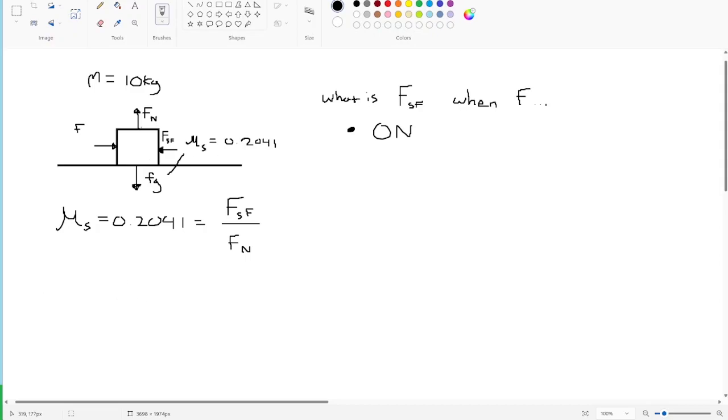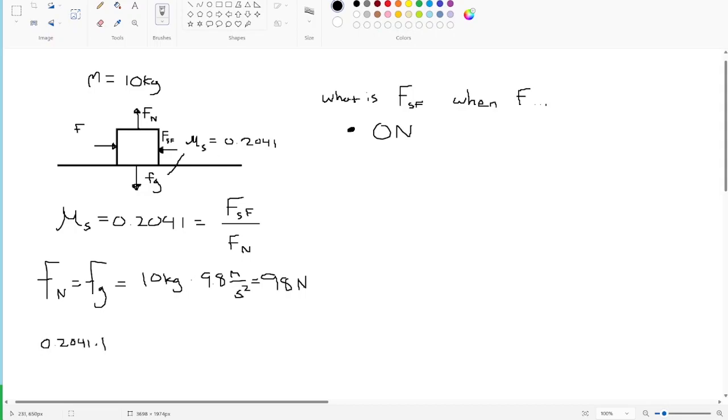Force normal in this case is going to be equal to force of gravity because the sum of them has to be 0 because it's not moving vertically. So force normal is equal to force of gravity, which is 10 kilograms times 9.8 meters per second squared, which in total is equal to 98 newtons.